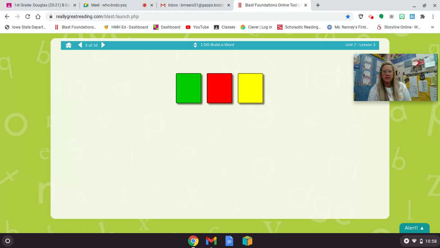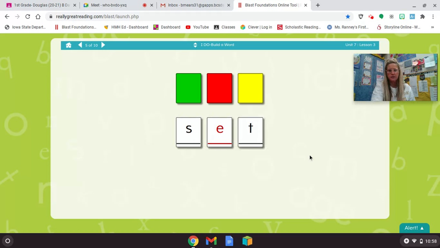All right, now let's say the letters that go with those sounds. Set. So go ahead and put the letters down now. For each sound that you hear, right, put a letter under there.